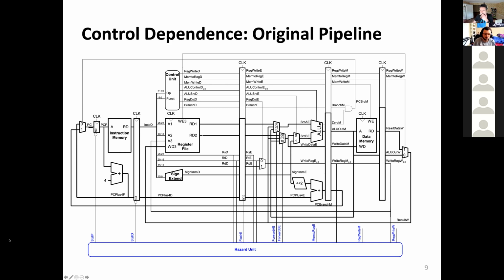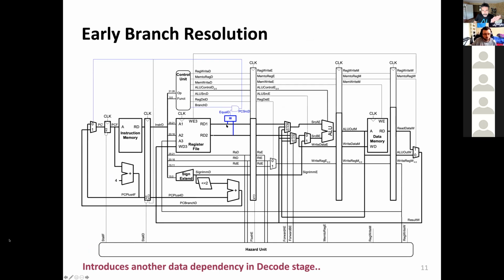And then once we calculated this, we had this AND in order to calculate PCSrcM. But it was not really necessary to do all of this forwarding. Maybe we could add this additional hardware to check the equality and then do the AND right in this stage.